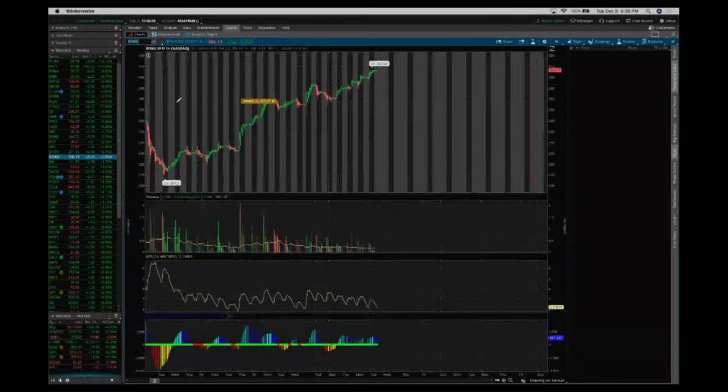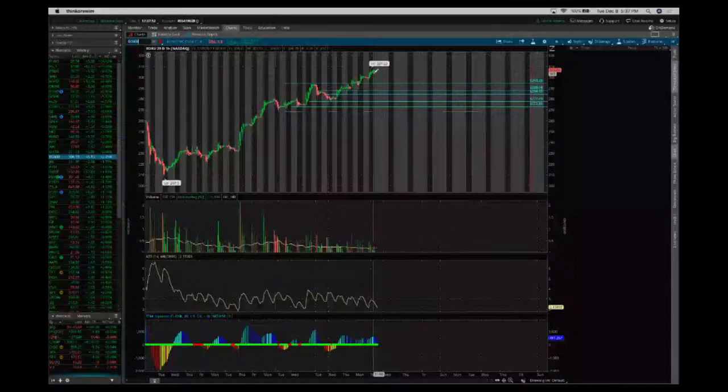Nice entry for cost here, right? All right, so this one looks better for me, because you see how this is a better example, because it's extended. I don't want to see it at this low here because it's not going to work as well.